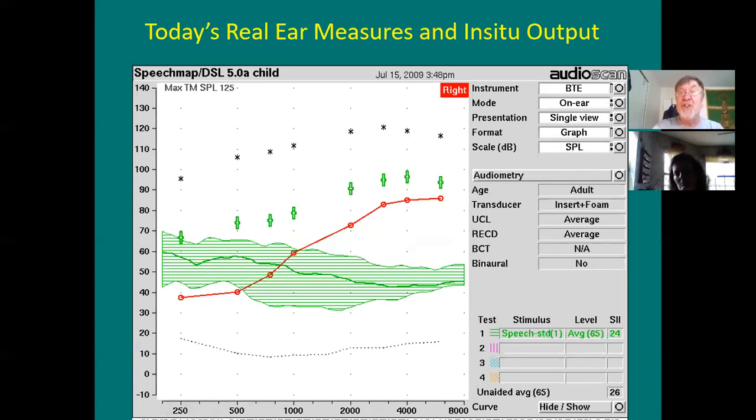Your thresholds in dB HL plus minimal audible pressure at the bottom of the screen equals your thresholds shown in dB SPL on the SPLogram or on the speech map, okay? Good. Now the green bar over here is just unaided speech, LTAS, long-term average speech spectrum.